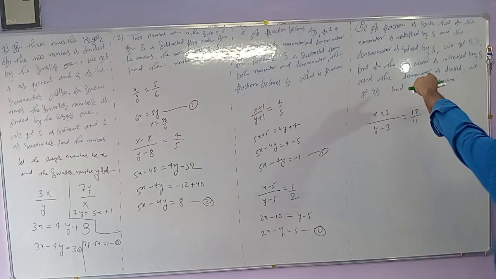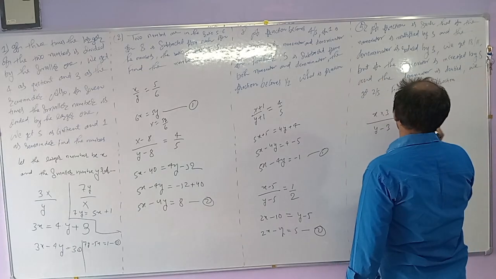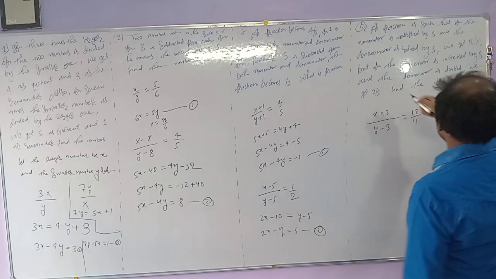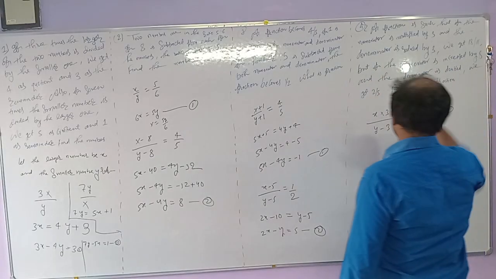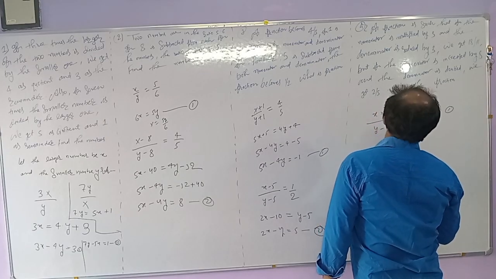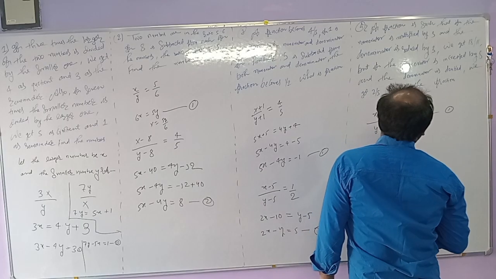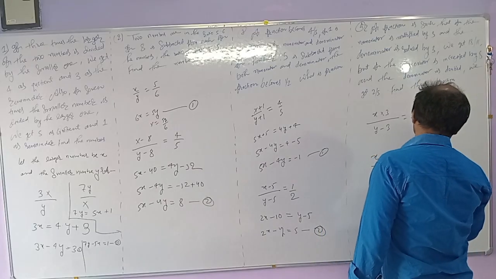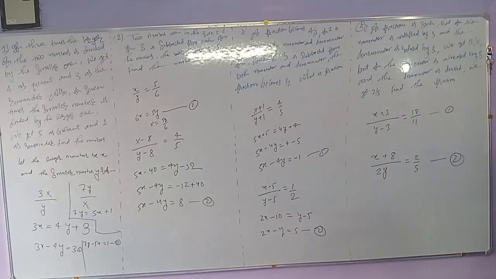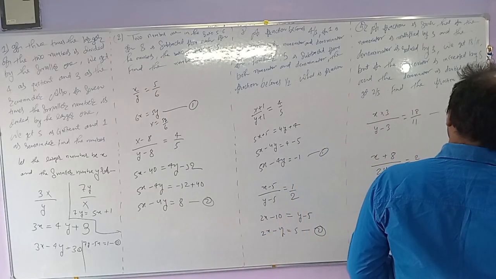When we solve this, we get an equation. But in another condition, if the numerator is increased by 8 and the denominator is doubled, we get 2 upon 1. When we solve this, we get an equation, and when we compare this, we get the value of x and y.